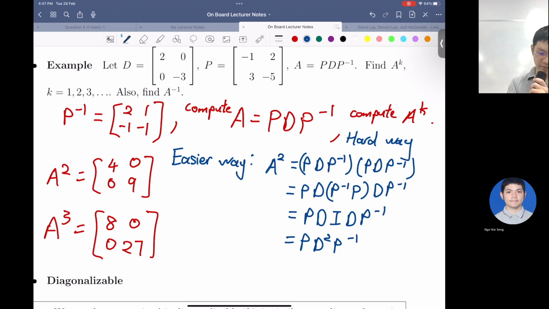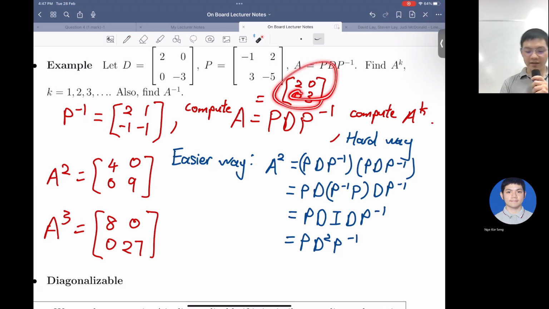So instead of multiplying this A here, can you tell what A actually is? A is what? In this case it's also easy, this is just a diagonal matrix. Is it? Okay, never mind. But let's say this is not diagonal, then this product here will become very hard.